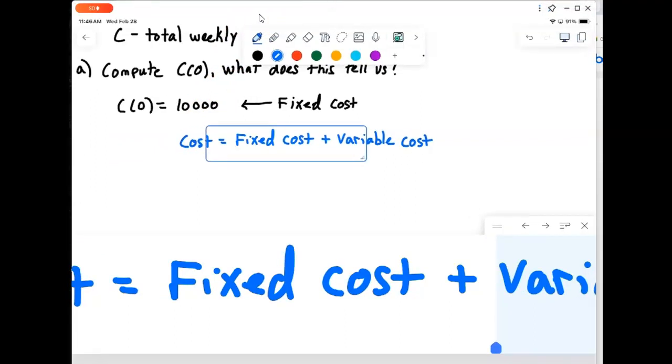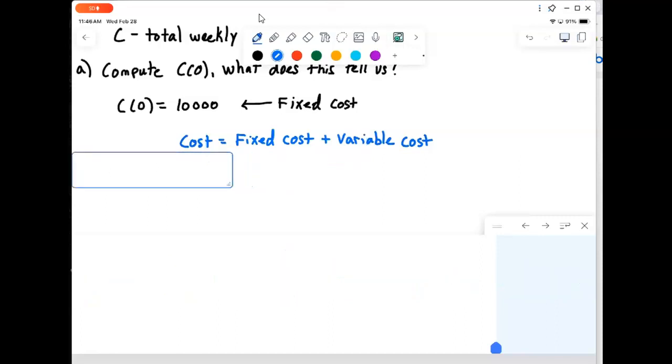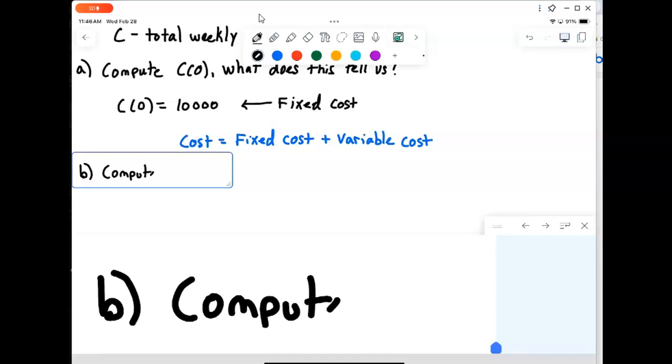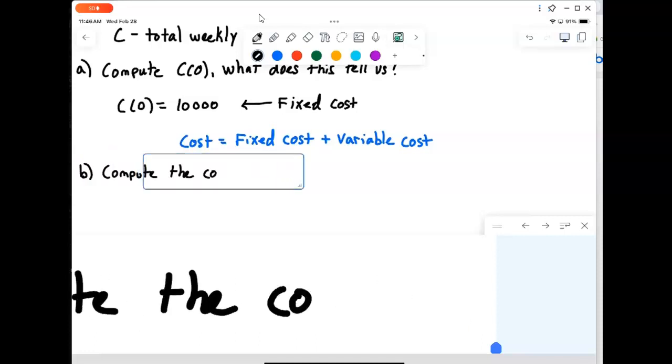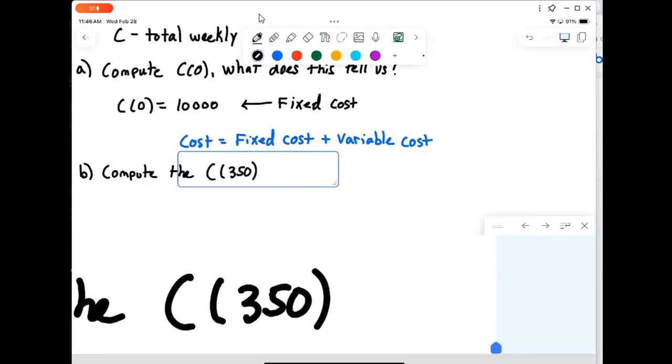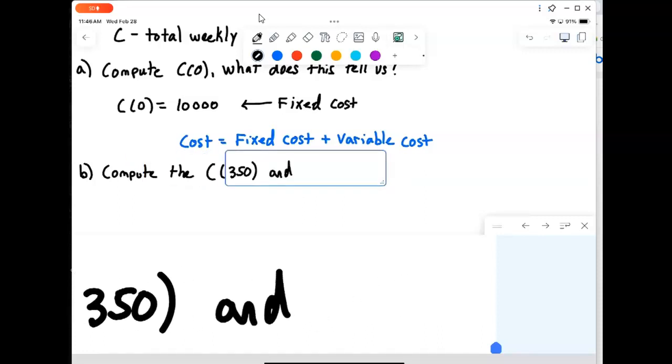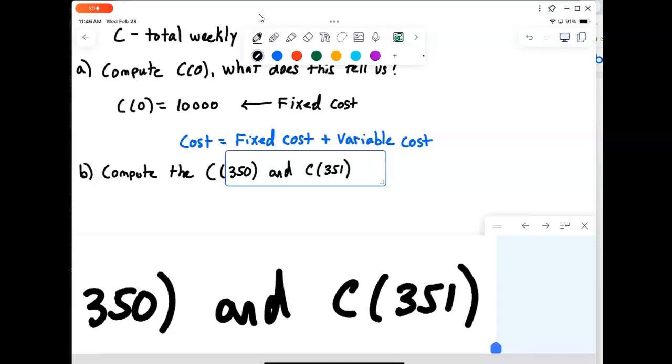Okay. Now, let's go a little bit further here, and let's compute the cost, or let's compute C of 350 and C of 351.